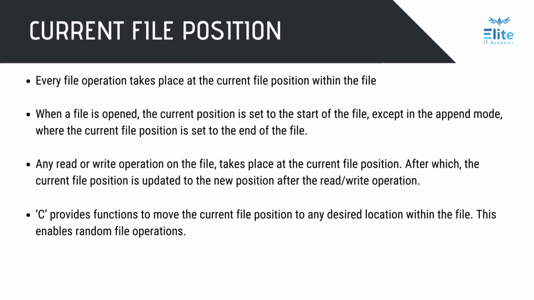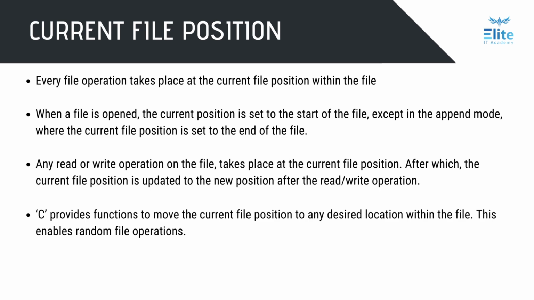An important concept to understand when working with files is the current position pointer. This is the position in the file where the next read or write operation will be performed. When a file is opened, the current position is set to the start of the file. Every time a byte is read from the file, the current position value is incremented by 1 after the read.